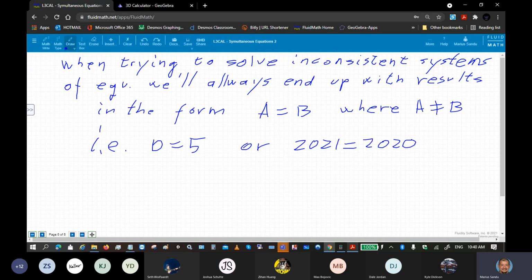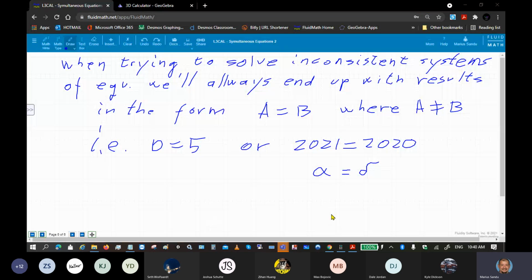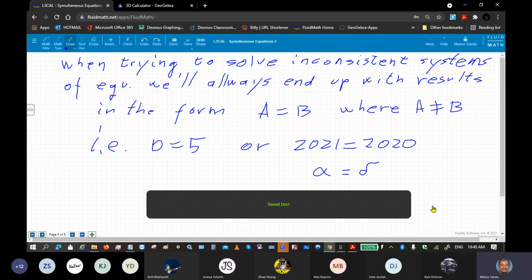Or let's say alpha equals delta. Yes, not the same. Okay. And that's basically all I wanted to show you for today. I'll turn this off.